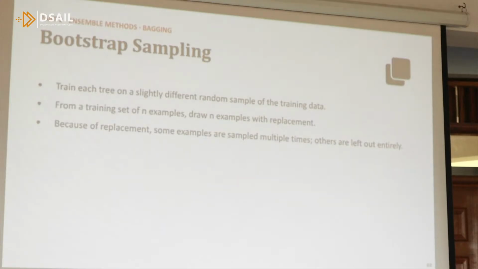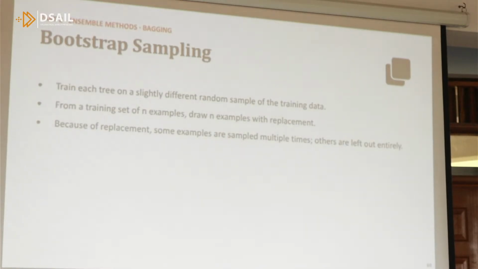Bootstrap sampling is you train each tree on a slightly different random sample of the training data. From a training set of n samples, you draw n examples with replacement. So this is what happens. We have our training sample of, let's say, 1,000 points, isn't it? So we select a subset of n examples to train each tree on, but we do it with replacement.